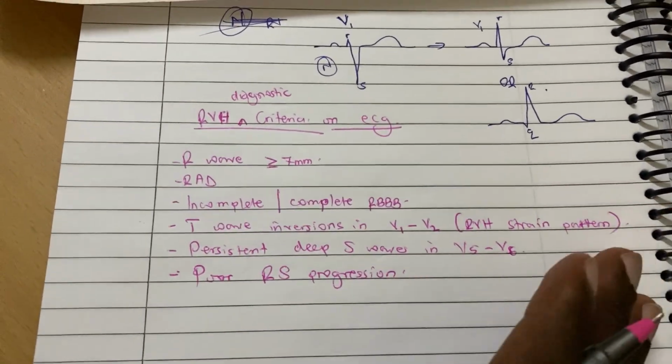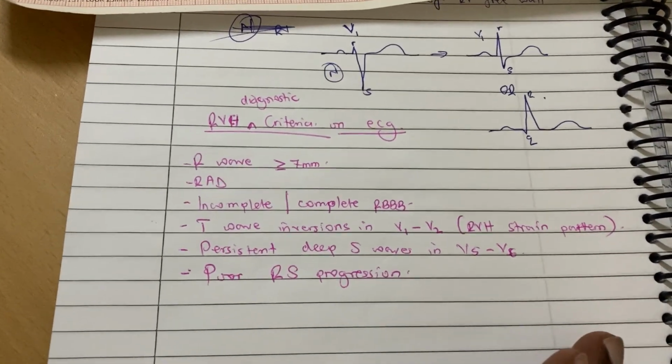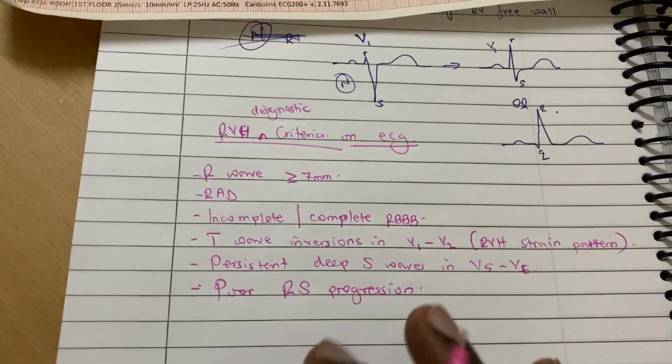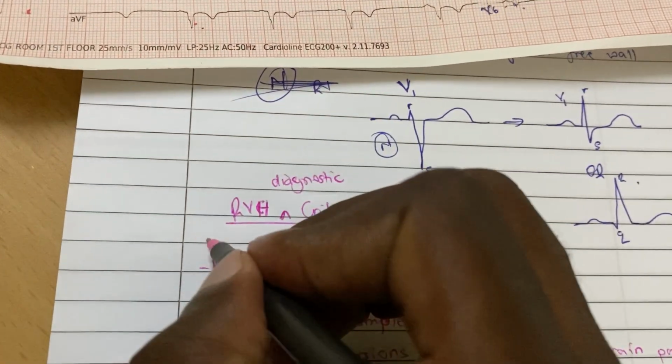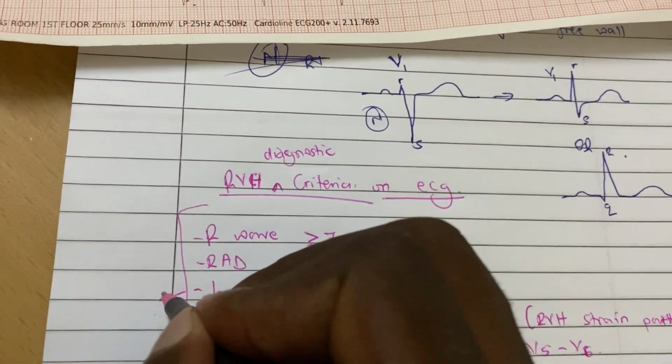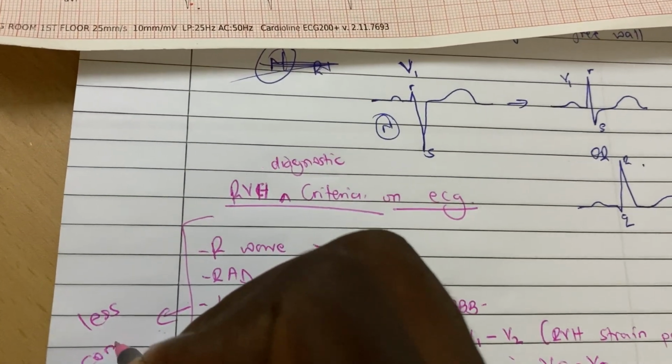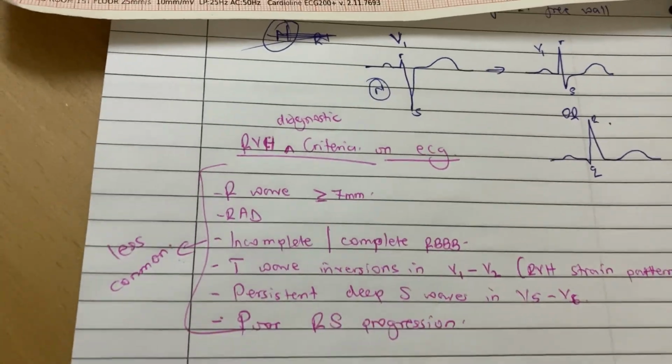These are the criteria for diagnosis of RVH on ECG, but it is not common.